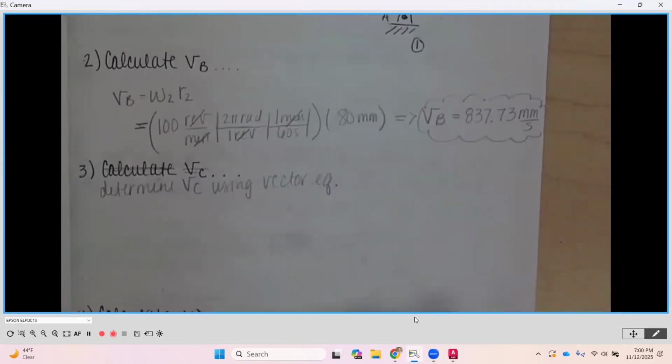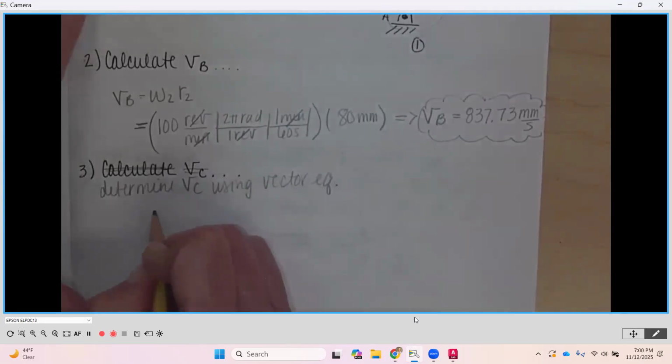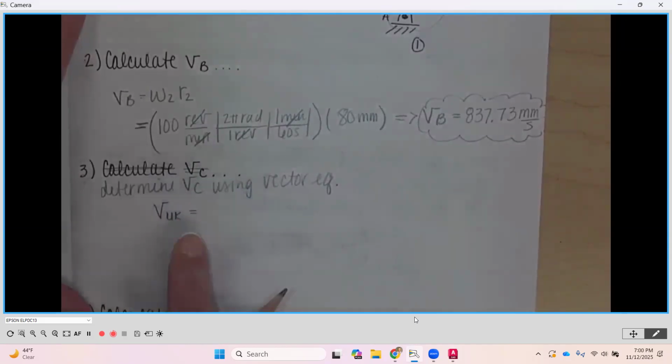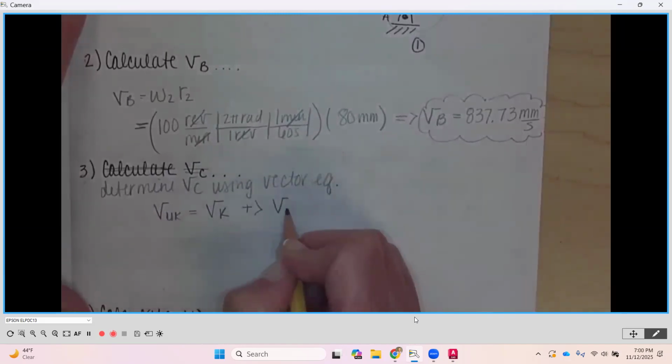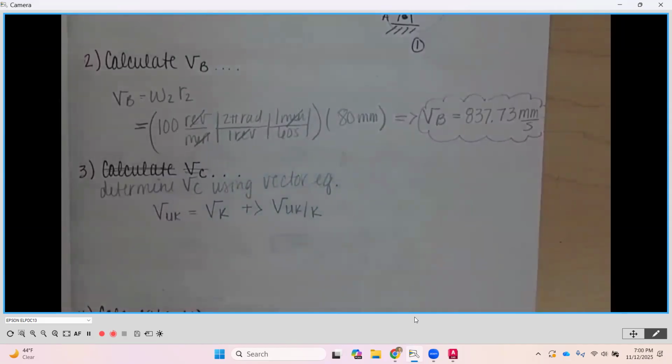The vector equation we're going to use is: the velocity of the unknown is equal to the velocity of the known plus, vectorially, the velocity of the unknown relative to the known. So that's what the UKs and the Ks are, unknown and known.